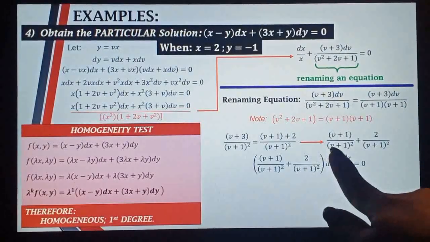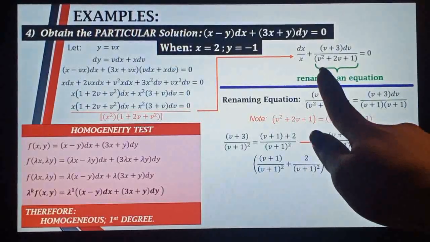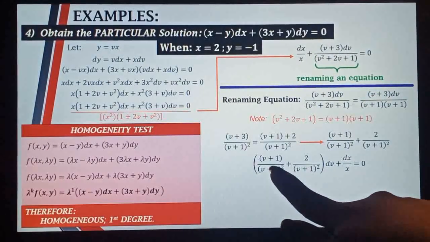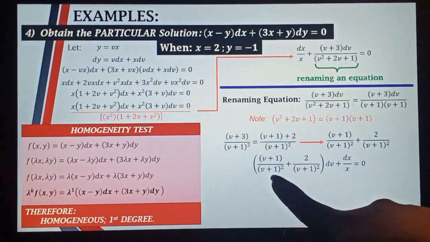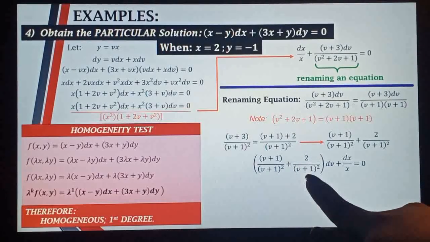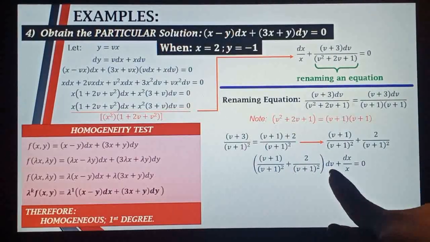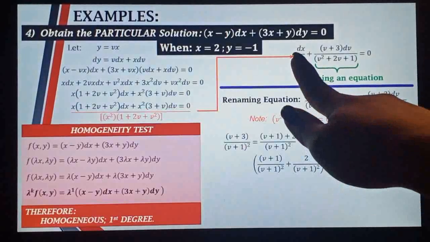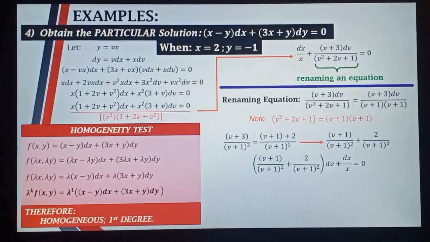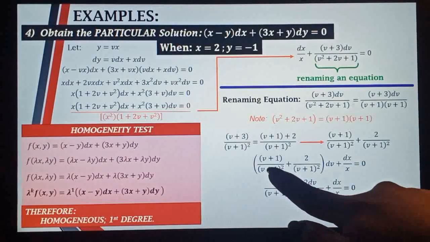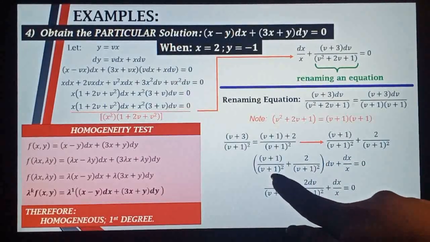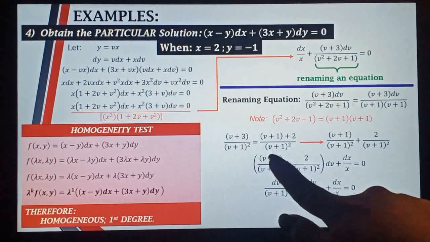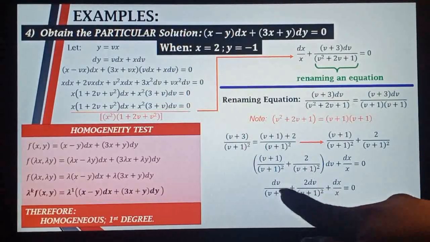Now, that separated form is what we will use here. You will now have v plus 1 over v plus 1 squared plus 2 over v plus 1 squared, multiplied to dv, plus dx over x equated to 0. Let's simplify. You will notice the numerator and one factor in the denominator are the same, so we can cancel them.